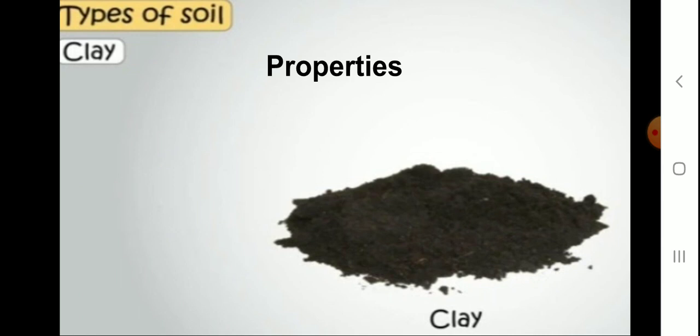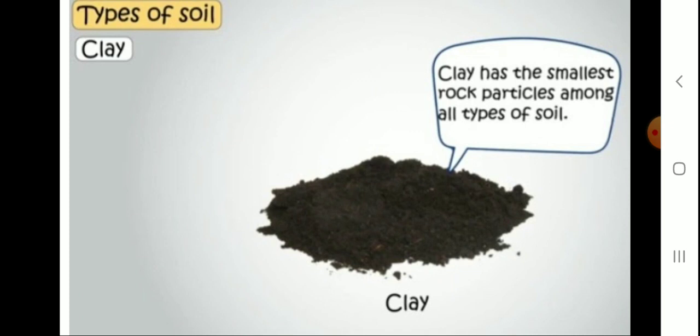Clay. Now this is the special kind of soil about which we are going to study. Properties of clay. Clay has the smallest rock particles among all types of soil.